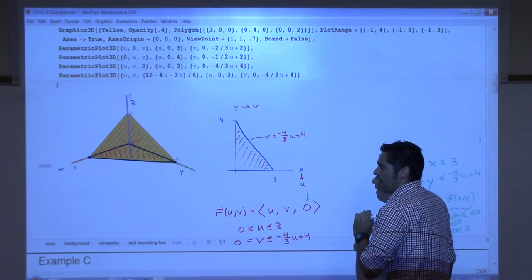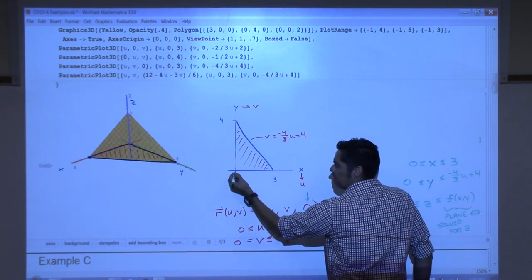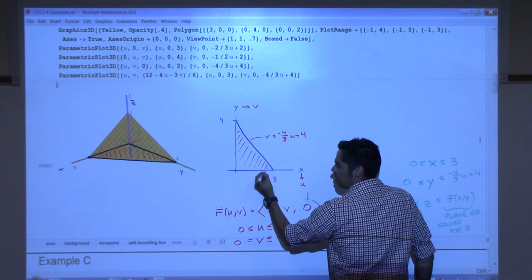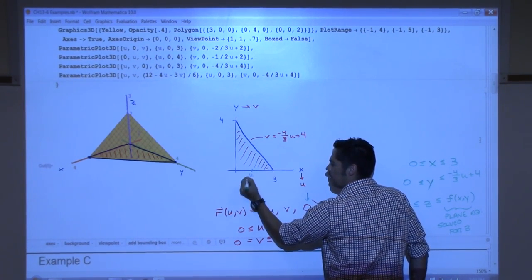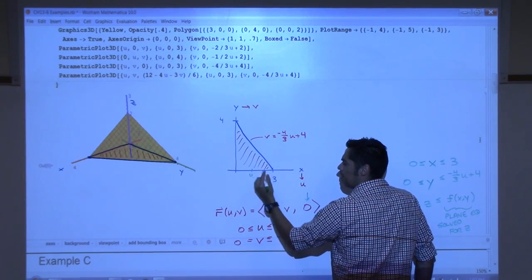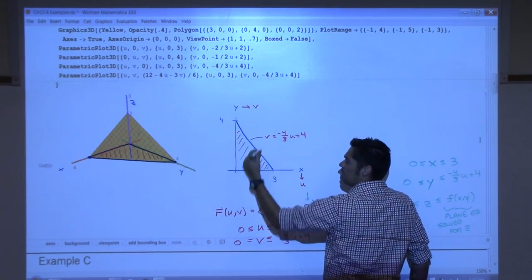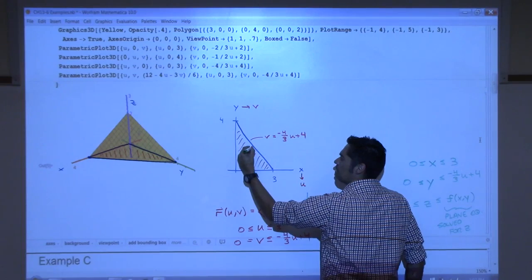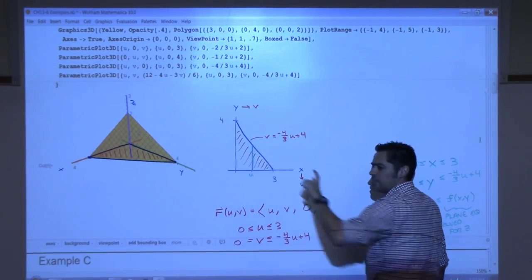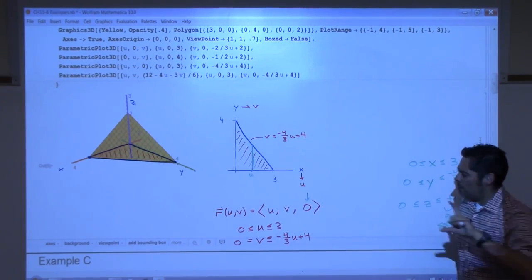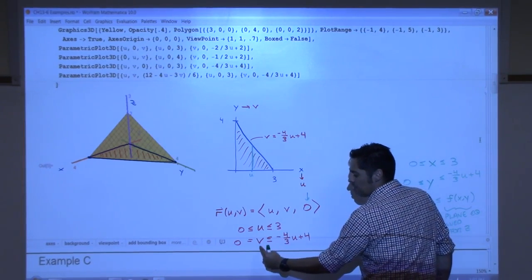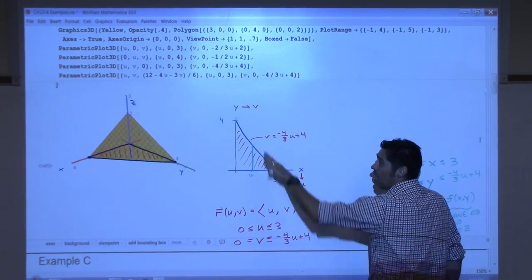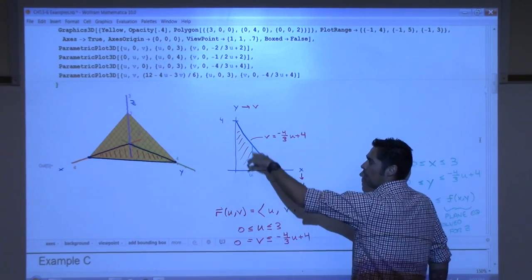And then notice that if we let x vary, right, between 0 and 3, if we pick some arbitrary u, if we let u vary between 0 and 3, then we want our v to actually be everything in here, right? So it would draw that entire line segment. And to do that, what we did was we let v in the equation just be v, and we restricted it between 0 and the line in order to let v go up and down, right?